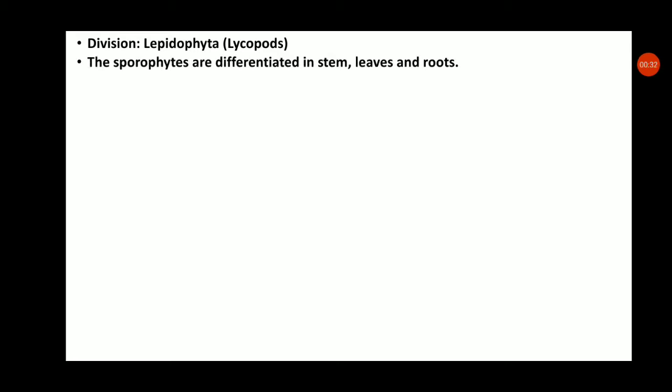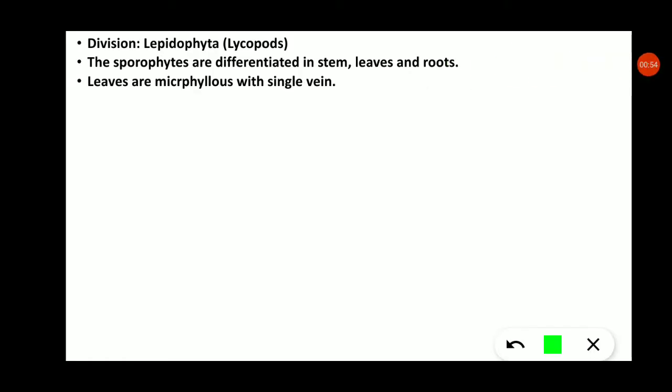First is the sporophyte. Those species which come under the division Lepidophyta have a sporophyte that is differentiated into stem, leaves and root. Then the next point is that the leaves are microphyllous with single veins.